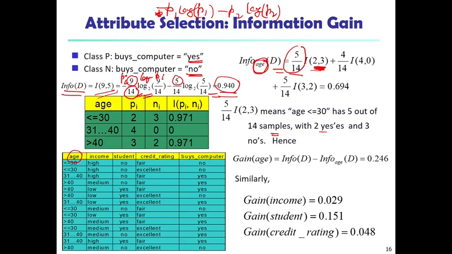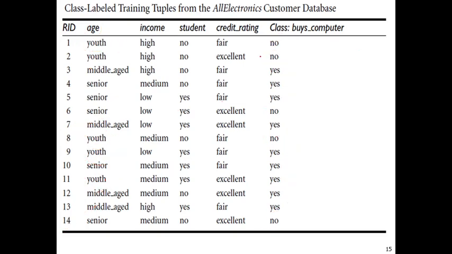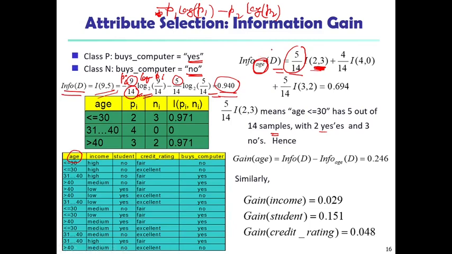Next will be for middle-aged. So how many middle-aged examples? 1, 2, 3, 4. So 4 instances, that's why 4 by 14. 14 is the total number of instances. So 4 is the middle age, and 5 is the youth.